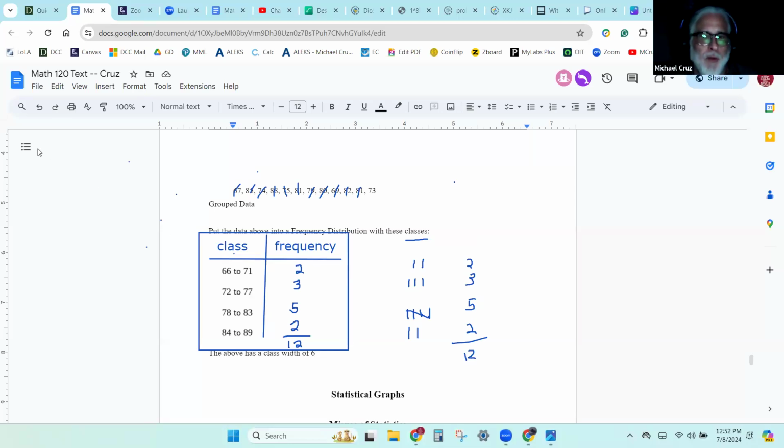Now, one last thing that we might want to mention about frequency distributions while we're here is this thing called a class width. Notice that this says the above has a class width of 6.